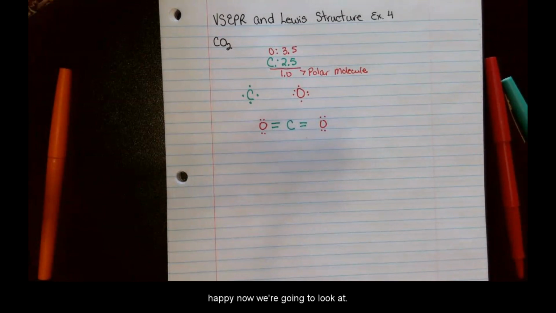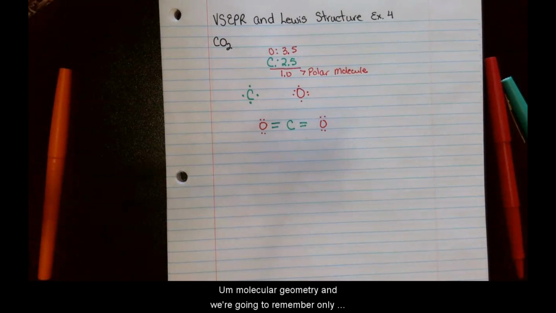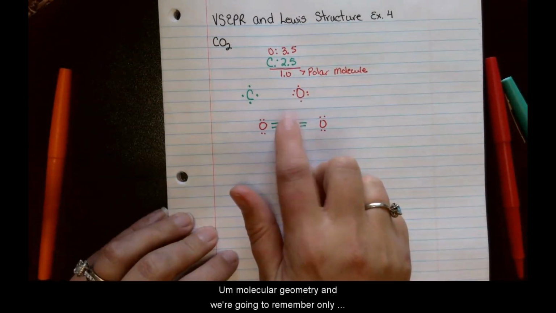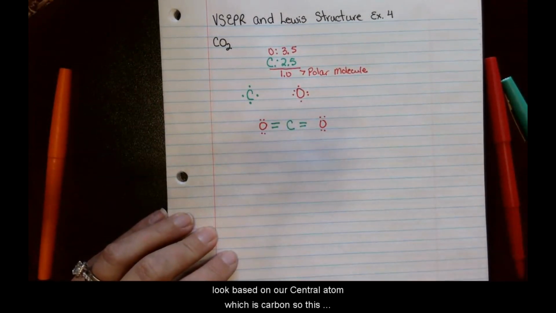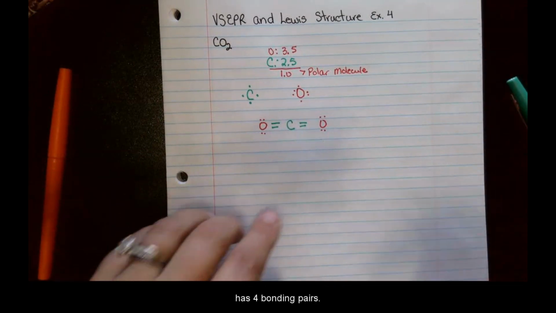So we're happy. Now we're going to look at the molecular geometry, and remember, we only look based on our central atom, which is carbon. So this has 4 bonding pairs.